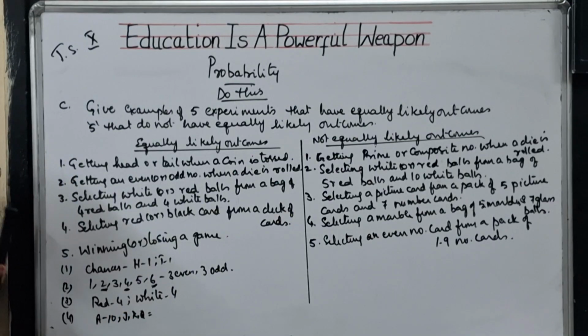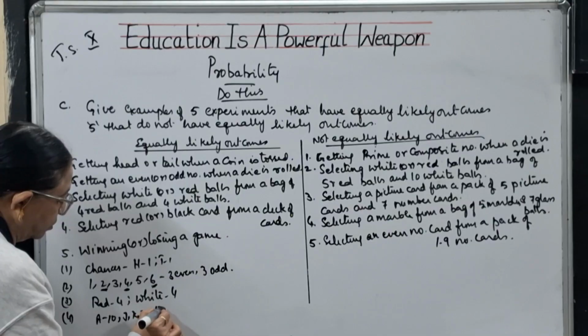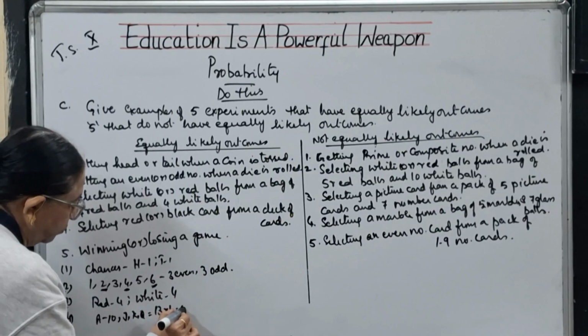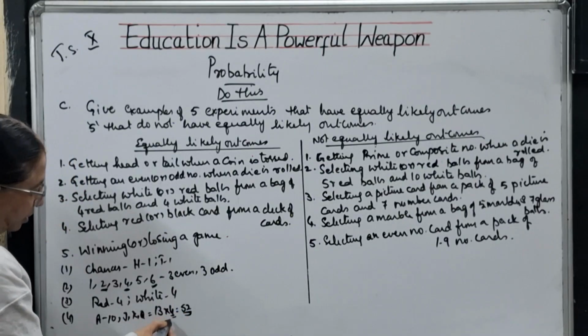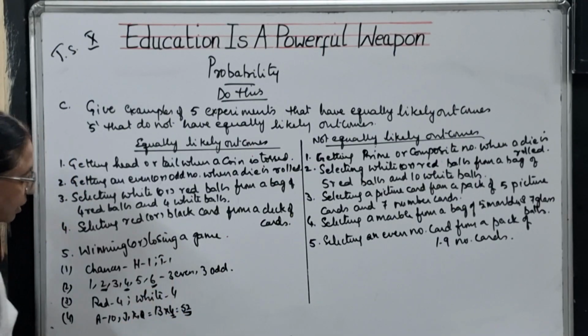So what is the total? 13 cards, and there are 4 types. 52 cards totally they have, each type having 13, 13, 13, 13.